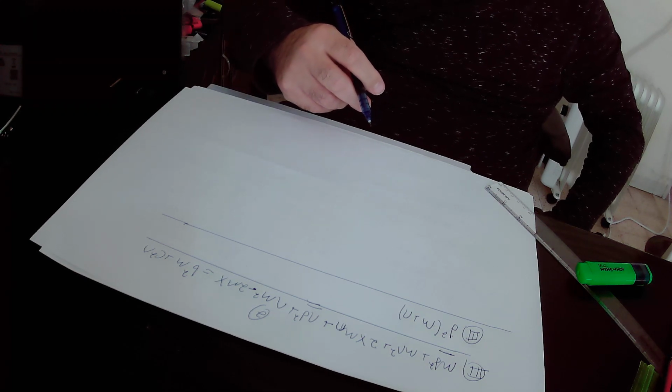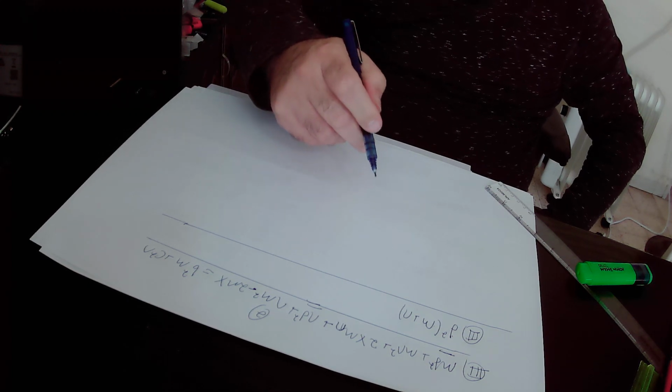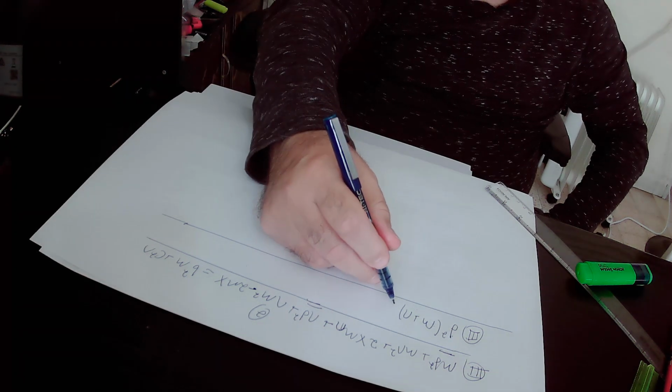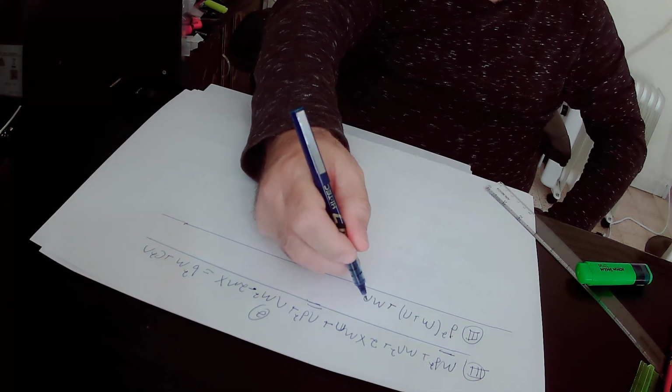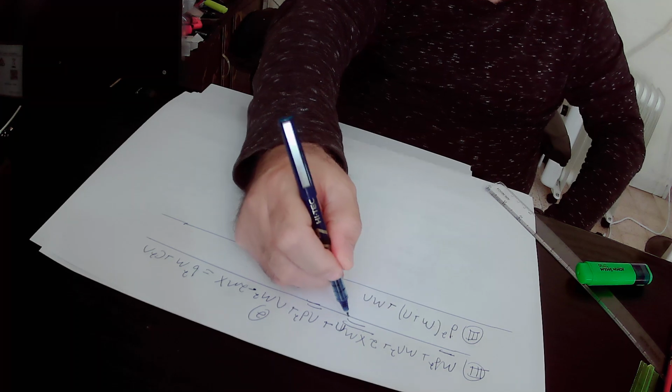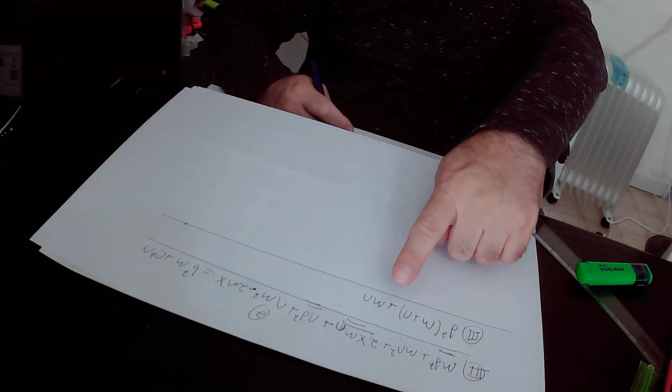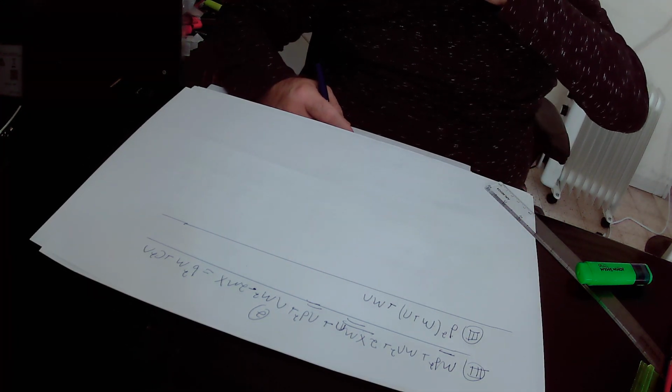In the next step, we will take out a common factor of m times n from this expression. So what is left from this expression?